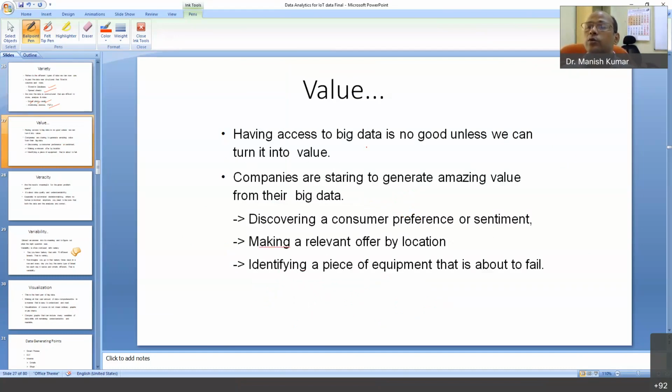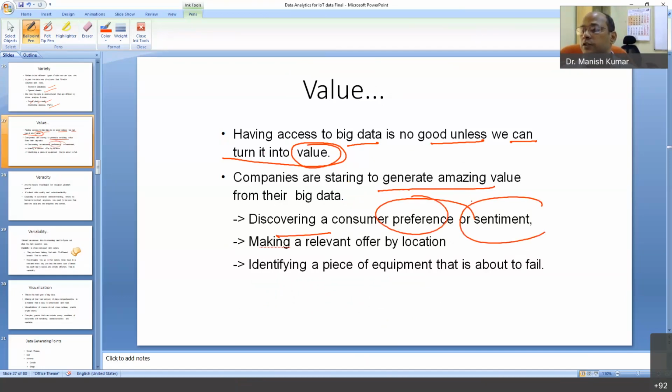Value is something which says that any data is no good unless we can turn it into value. Suppose you have data of consumers. If you can discover consumer preferences and sentiments, then only this becomes your value.